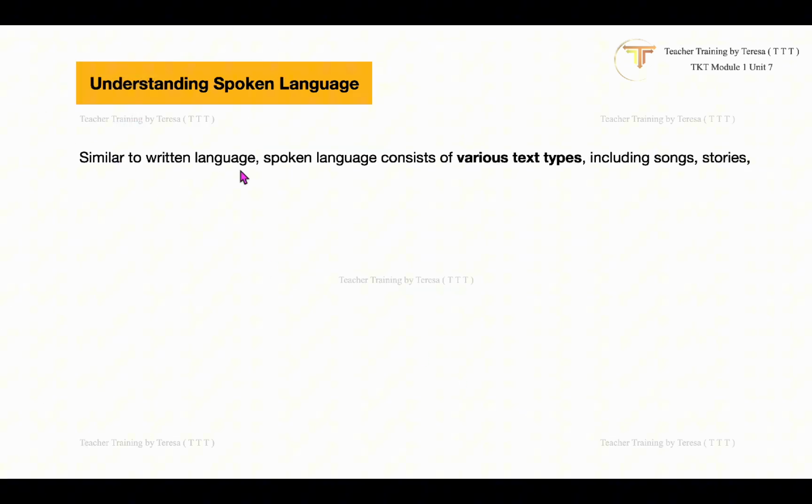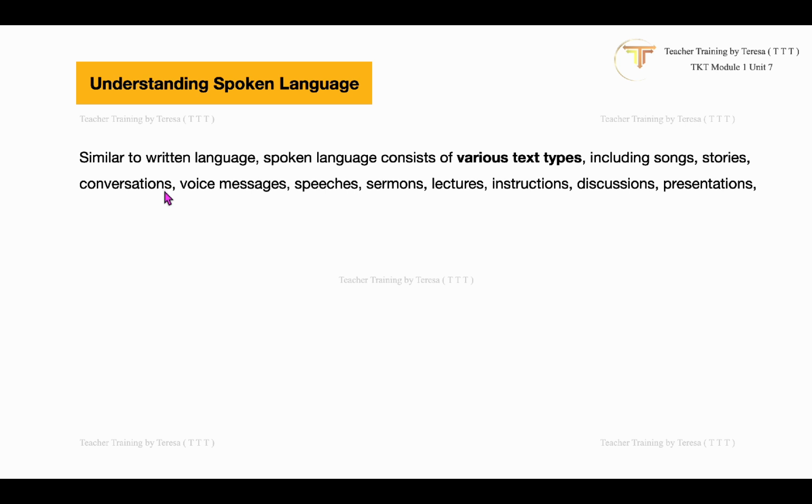Similar to written language, spoken language consists of various text types, including songs, stories, conversations, voice messages, speeches, sermons, lectures, instructions, discussions, presentations, debates, announcements, interviews, radio broadcasts, and advertisements.